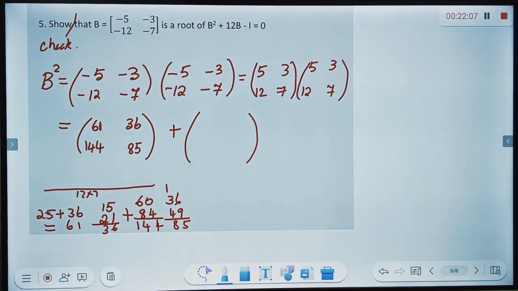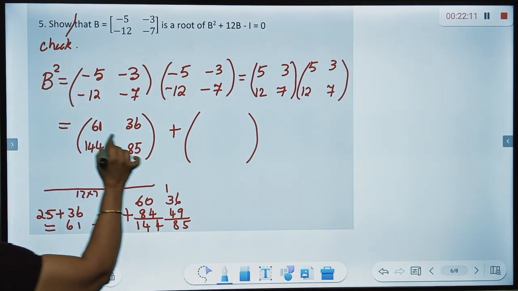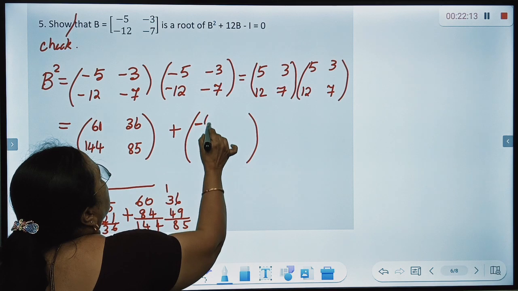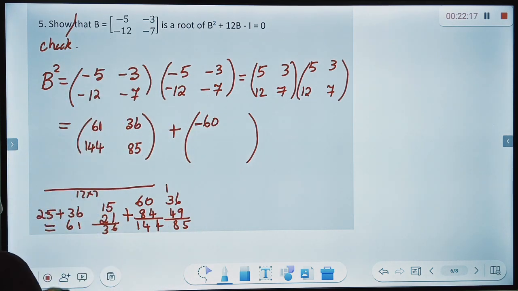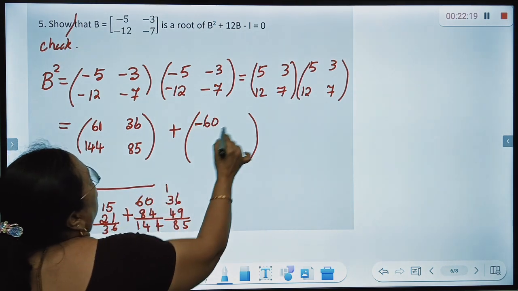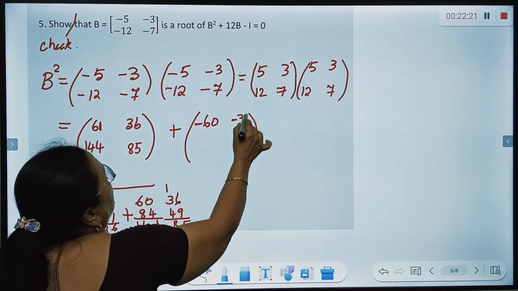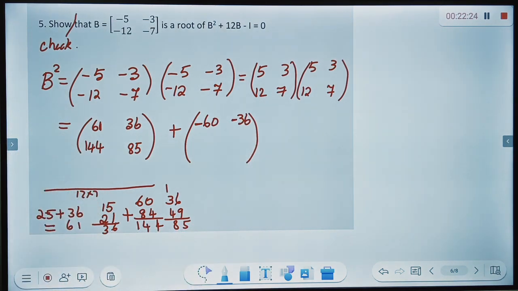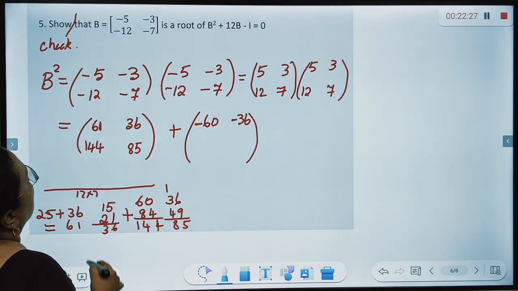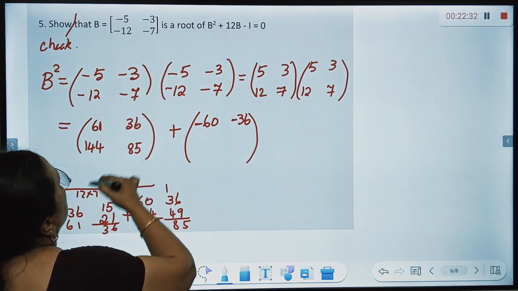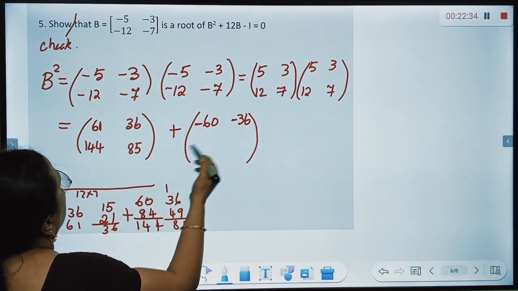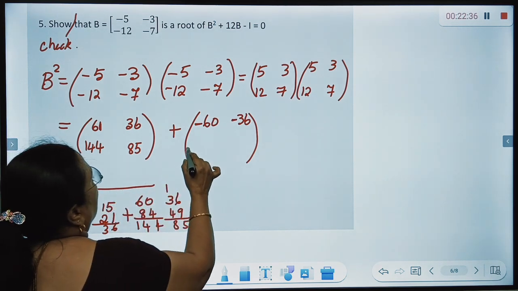Plus 12B. What is 12B? Multiply every term by 12. So I will have 12 into minus 5, minus 60. Then minus 3 into 12, minus 36. Then minus 12 into 12, it will give me minus 144.